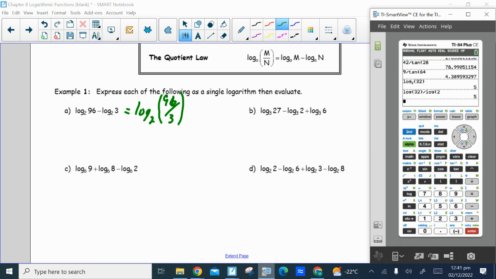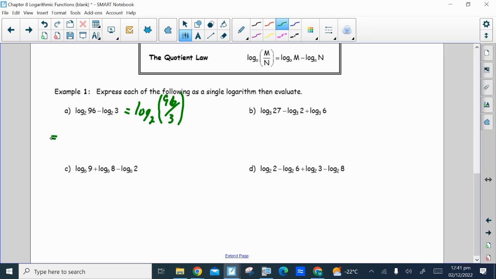And 96 divided by 3 is 32. So that becomes log base 2 of 32, which is 5. That's asking 2 to what power is 32. But you can do it on your calculator if you're not sure.